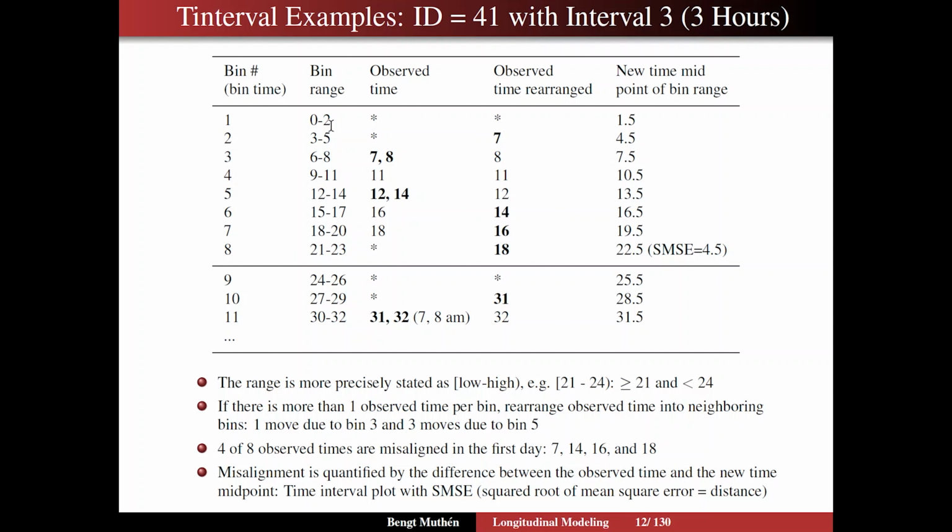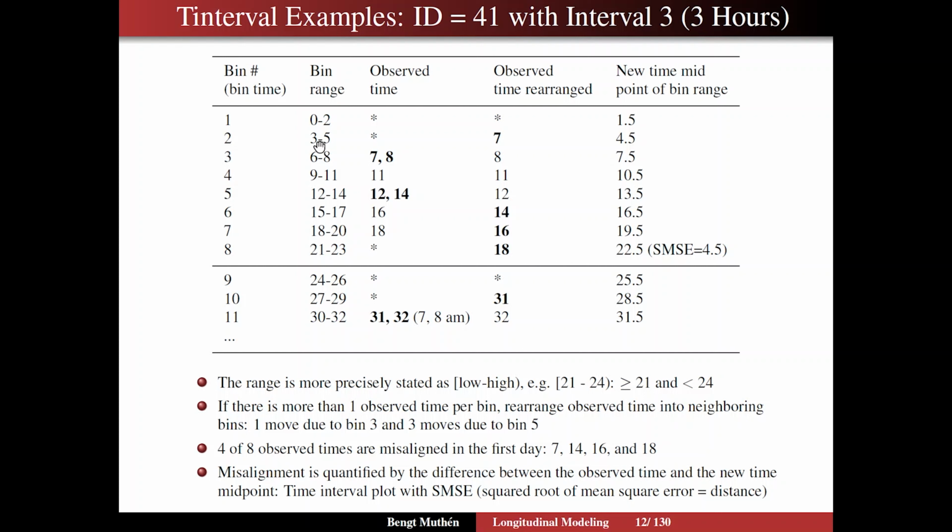And the midpoint is then, since the bin range is 3, midpoint is 1.5. And if you add 1.5 to 0, you get 1.5. So that's the new time, the midpoint of the bin range, which we're going to use not for the analysis, but to gauge how misaligned the data is.